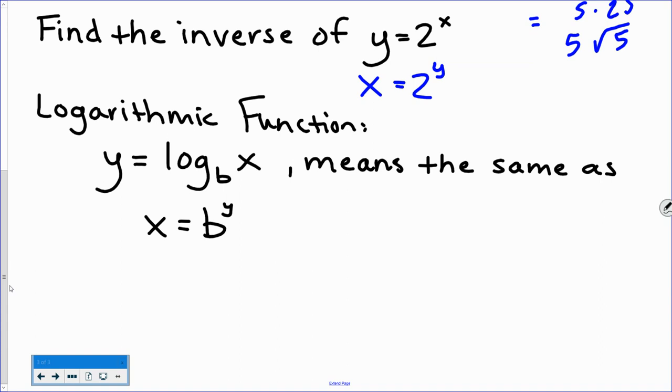So our logarithmic function is going to represent the inverse of our exponential functions. Because in our exponential, your input was your exponent, now my output represents the exponent.